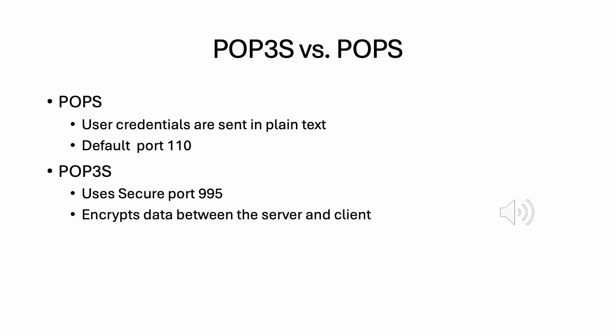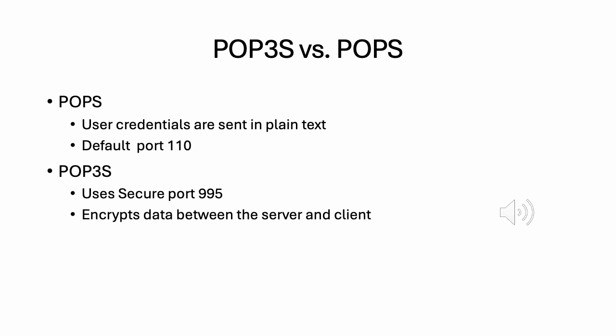Let's compare POP3S to regular POP3. While both protocols serve the same purpose, which is to retrieve emails from a mail server, POP3 transmits data in plain text, which makes it vulnerable to interception. This lack of encryption means that hackers can read email contents, steal login credentials, or manipulate messages that are in transit.